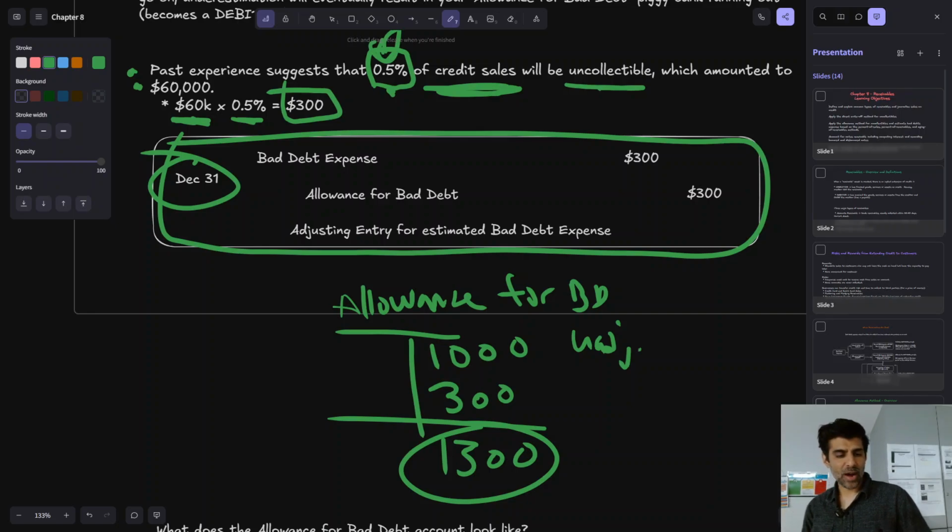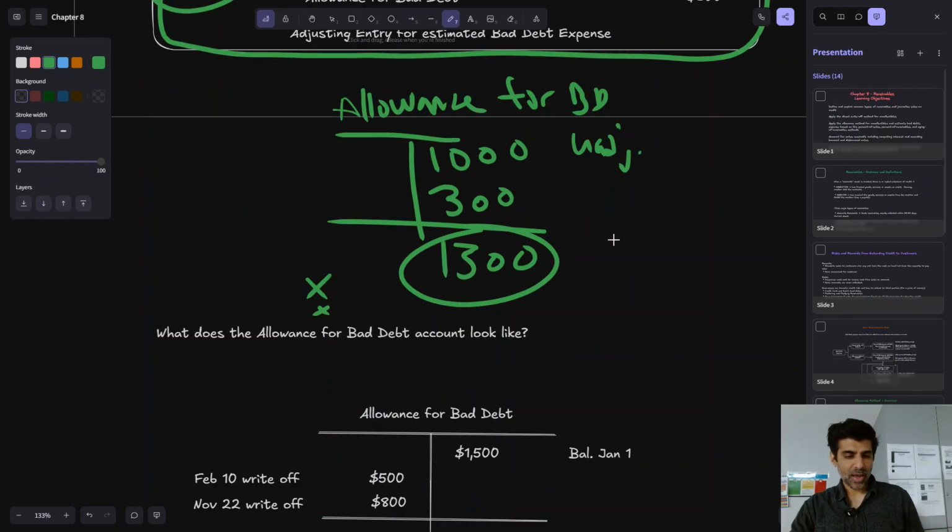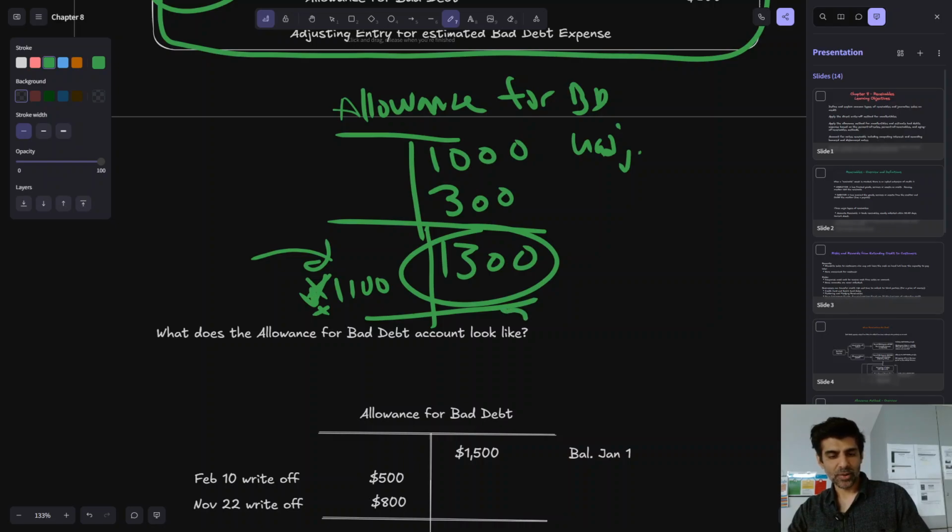And then of course we'll have some write-offs that happen. This piggy bank will get drawn down. Maybe we had 1,100 in write-offs that happened during the year at various times. So the ending balance is now $200.